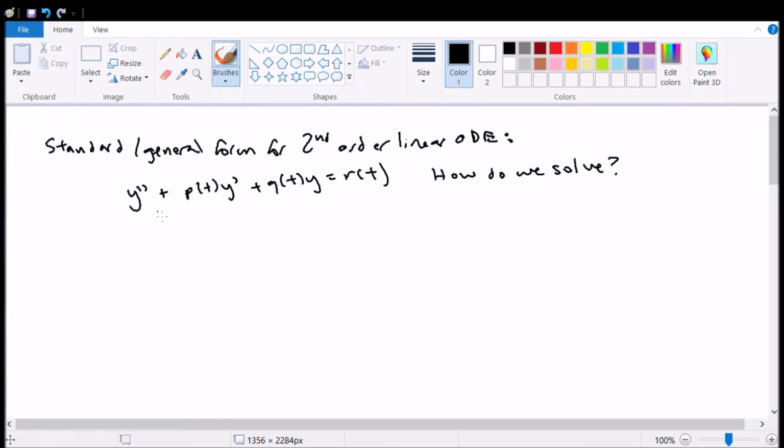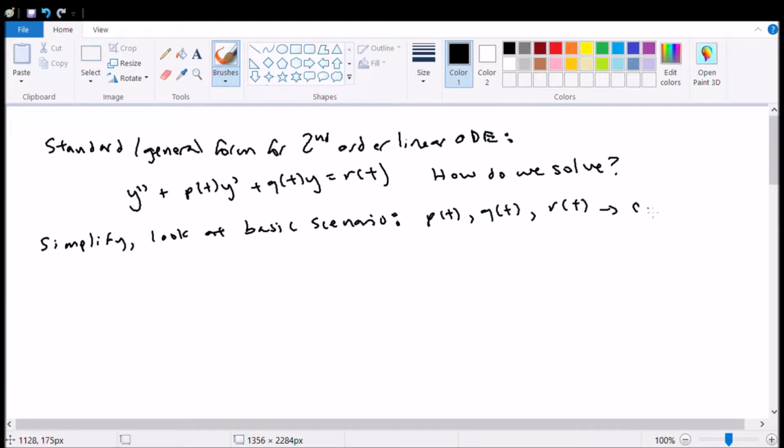Well, to start by solving this, we should simplify and look at a pretty basic scenario. This would be when p of t, q of t, r of t are all constants.